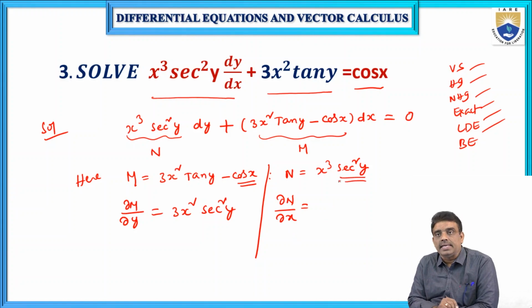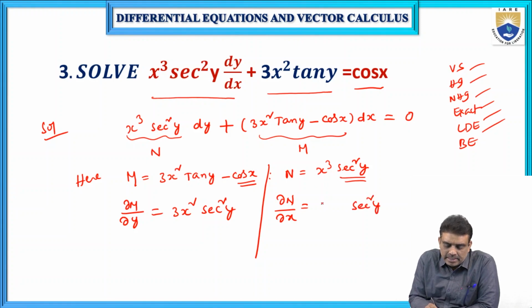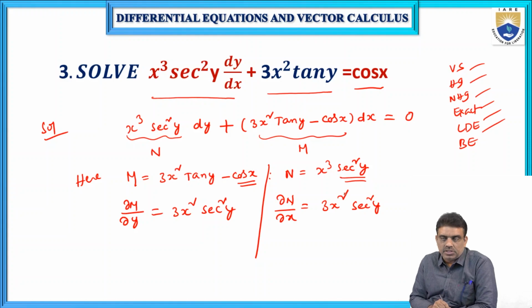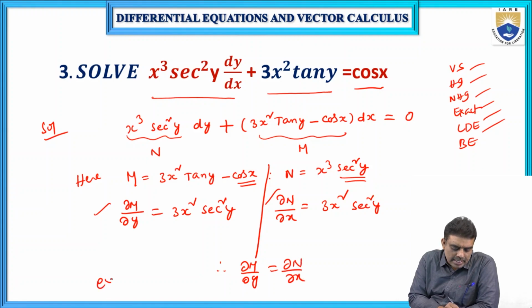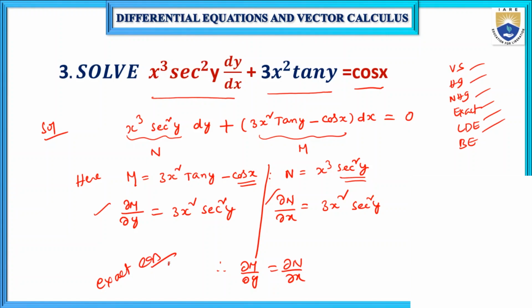Treat y as constant, write sec square y as it is, and the derivative of x cube is 3x square. Clearly, these two are equal. Therefore dou M by dou y is equal to dou N by dou x, and the equation is an exact equation.